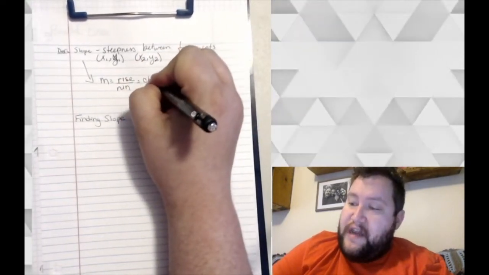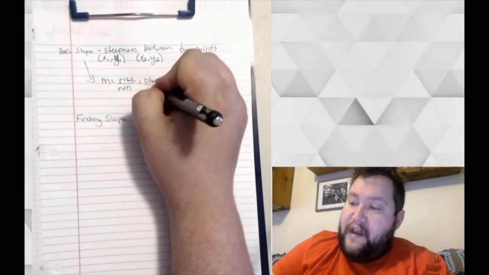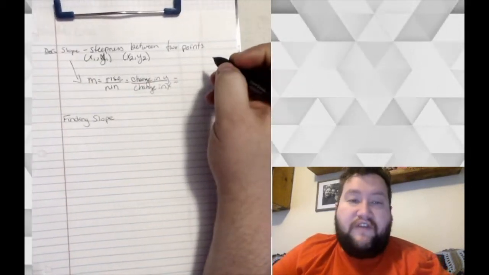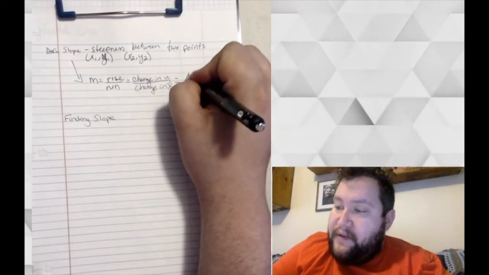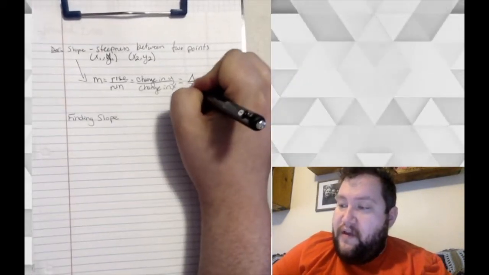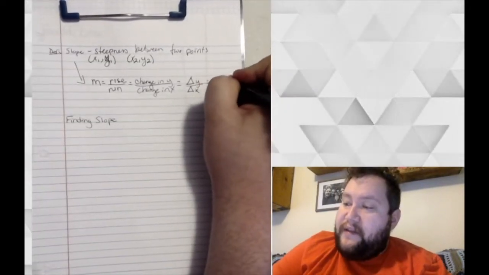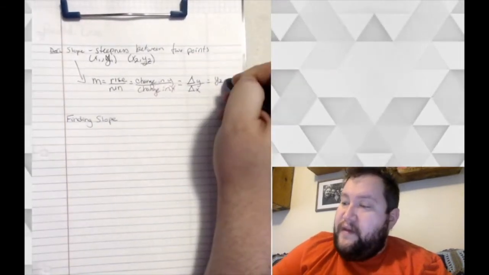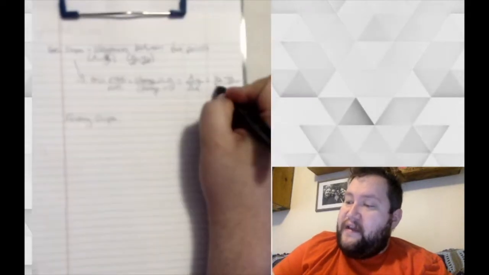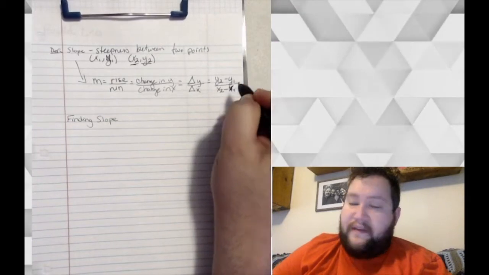That's the change in y over our change in x. And now just for notation, the capital letter delta, the Greek letter delta, stands for change, so change in y over change in x. And we can calculate that by doing the second y value minus the first y value over the second x value minus the first x value.